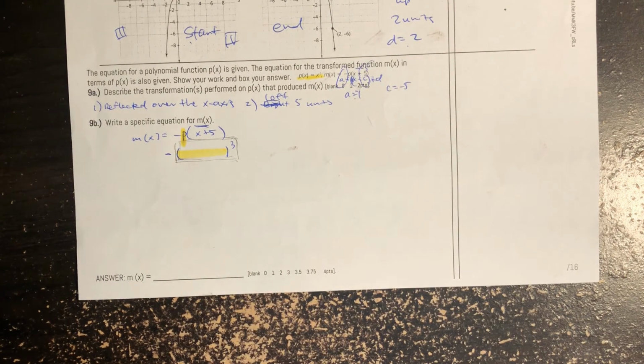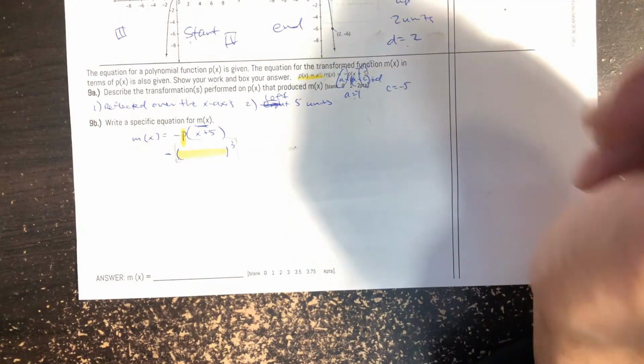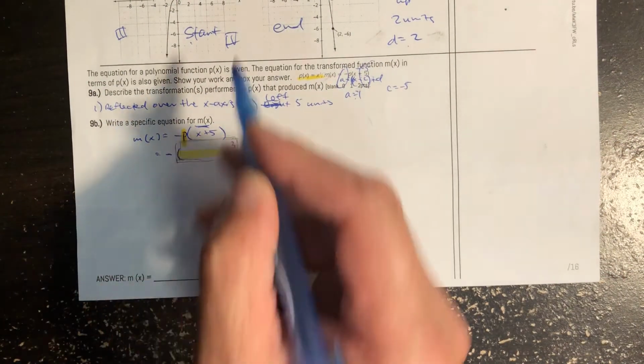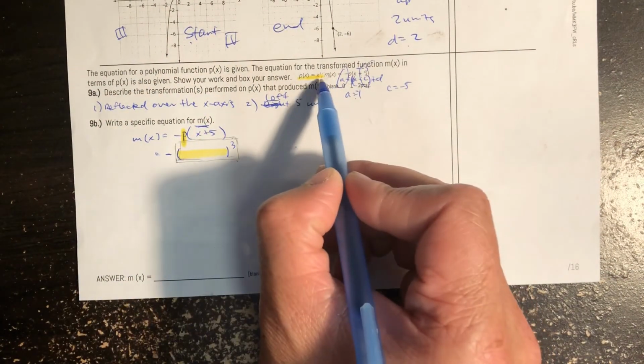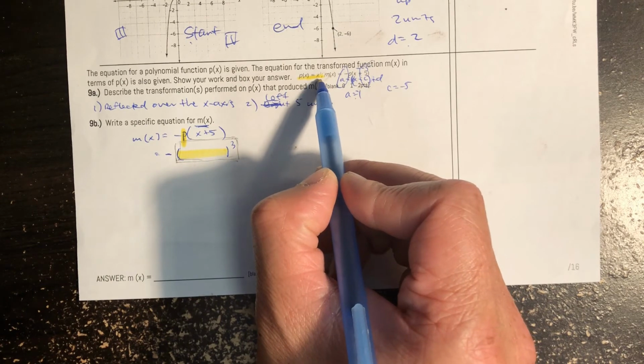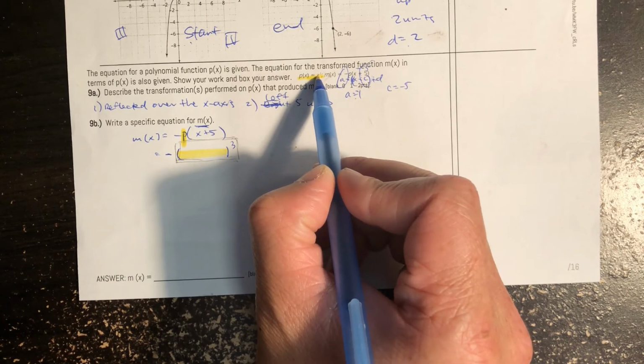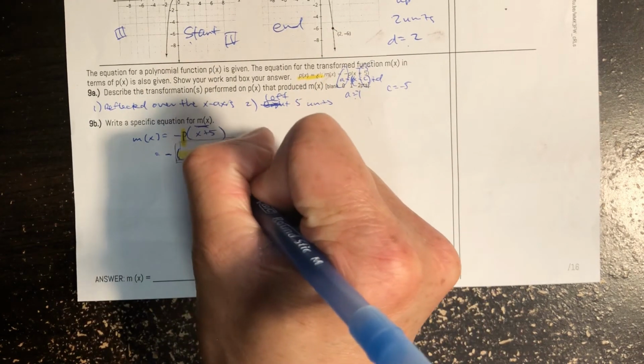Sorry. Now, here it's telling us, instead of putting in an x value, for every x value, you're going to put in x plus 5.